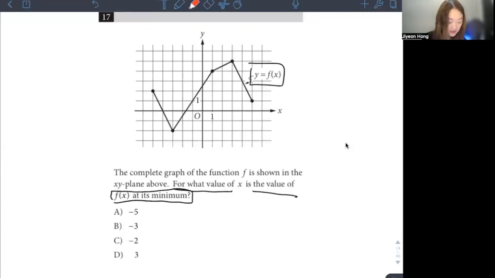And it's right here, because it's the lowest point on our graph. And it's asking what is the value of x at its minimum. The x value here is -3, right? Because this portion here, x equals -3, which is why B is the answer here.